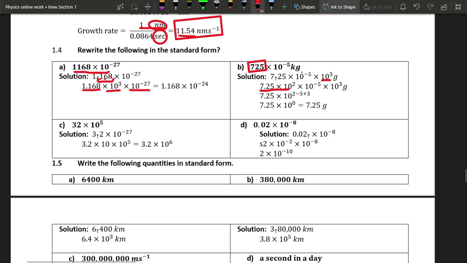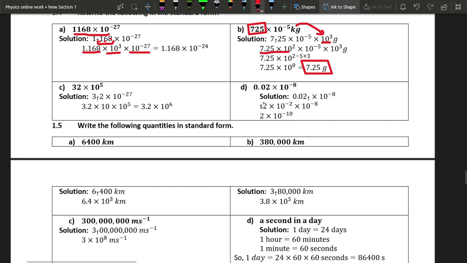Remember this 3 is from kg. We convert this kg into its value. As bases are same, 2 minus 5 plus 3 is 0, so it will be 7.25 grams. So this is how we can convert a number into its standard form.